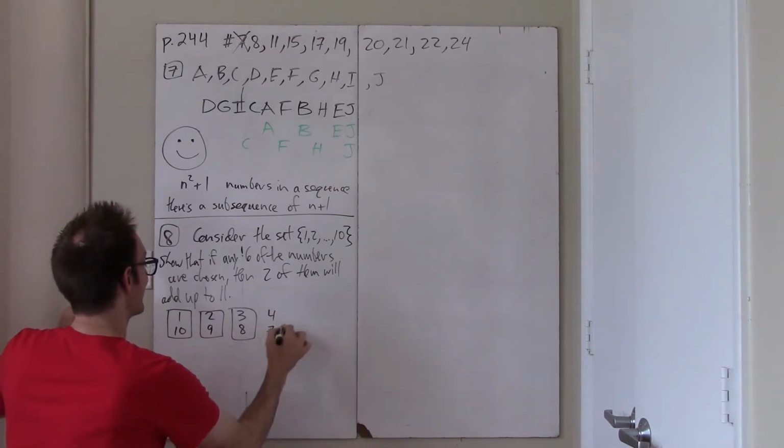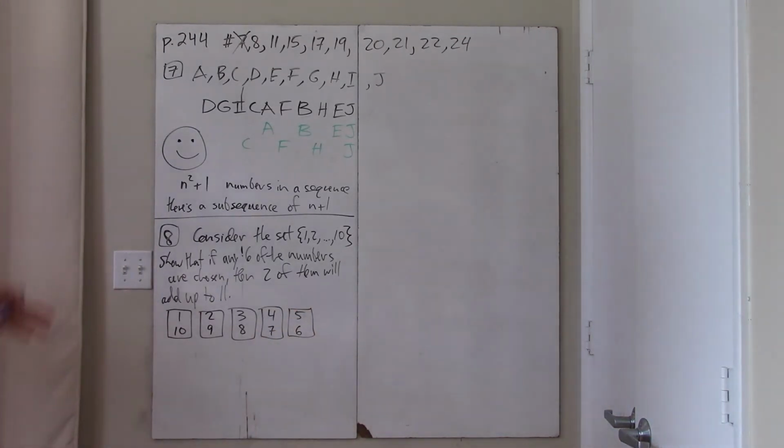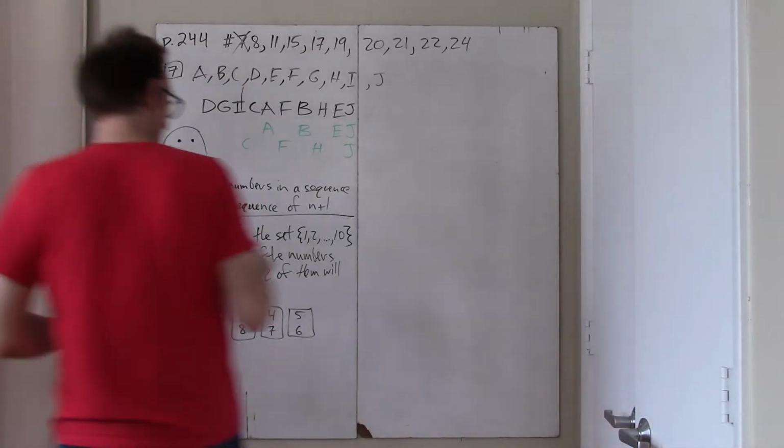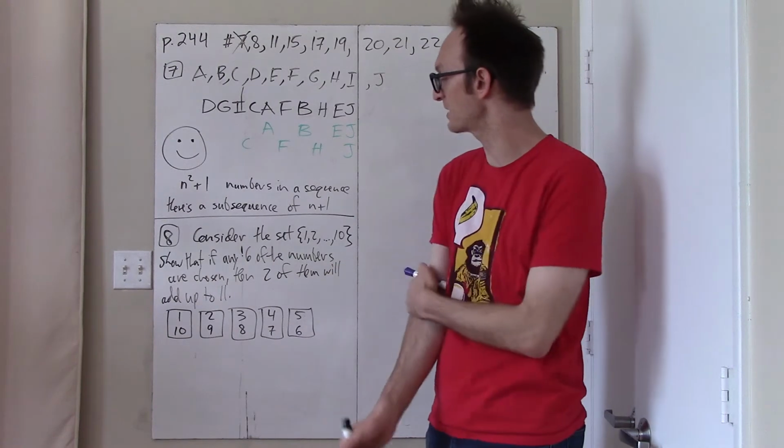4 and 7 and 5 and 6. Okay, and so here we have 5 boxes, and yet we are choosing 6 numbers. So by the pigeonhole principle, if we choose 6 numbers, every number is accounted for because now I've fixed my set, so it's only the numbers up to 10.